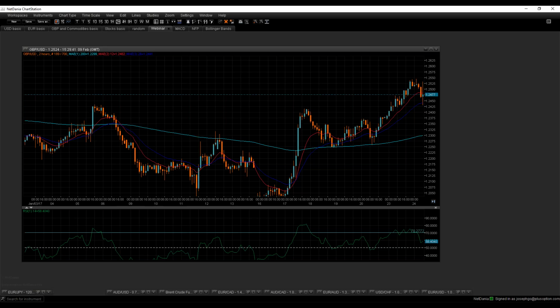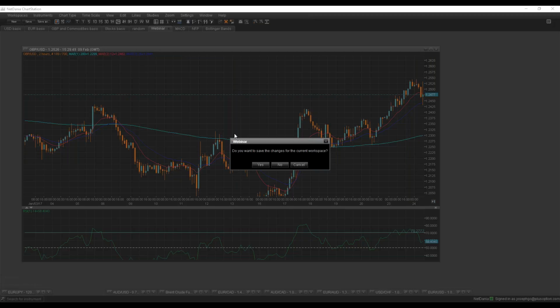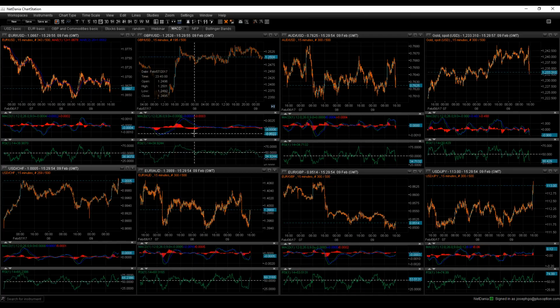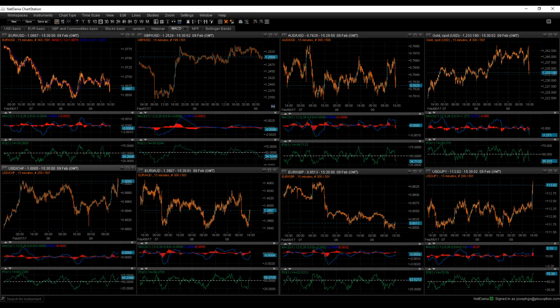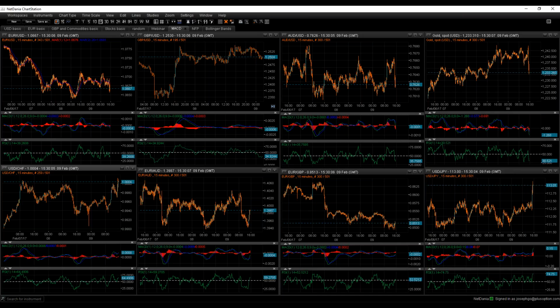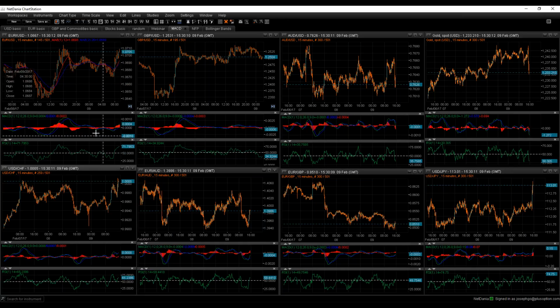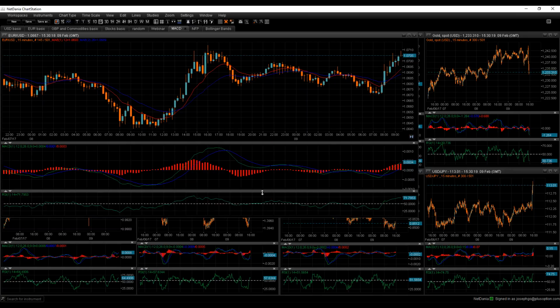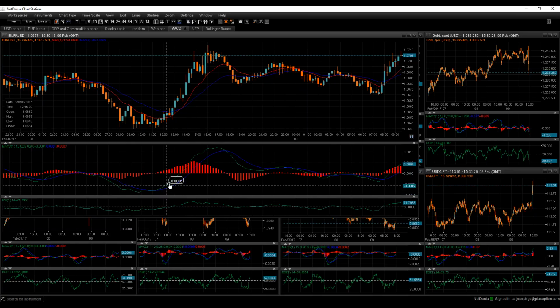And when we look at our charts, let me just get something squared away here. All right, so MACD. Let me just make this bigger. Here's our MACD.